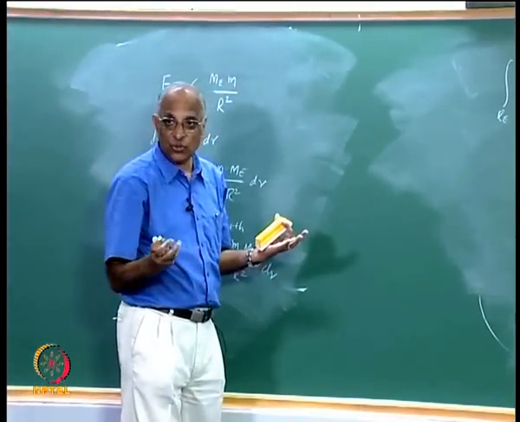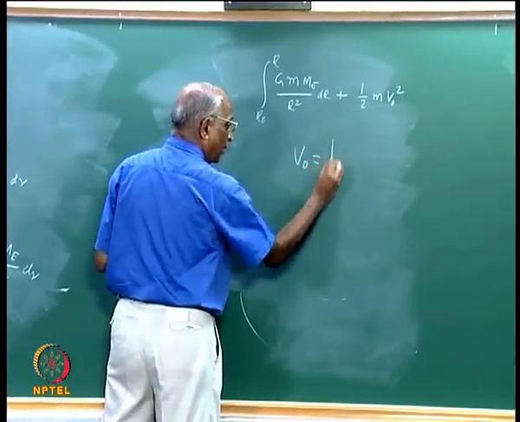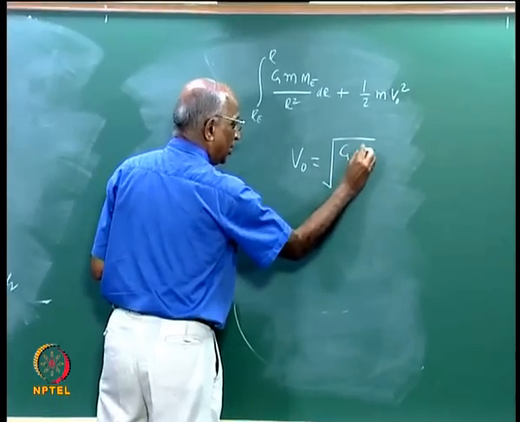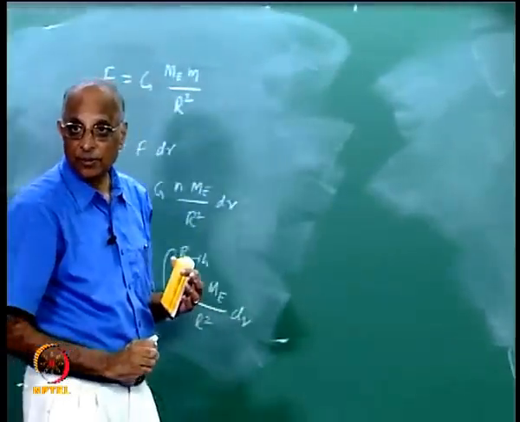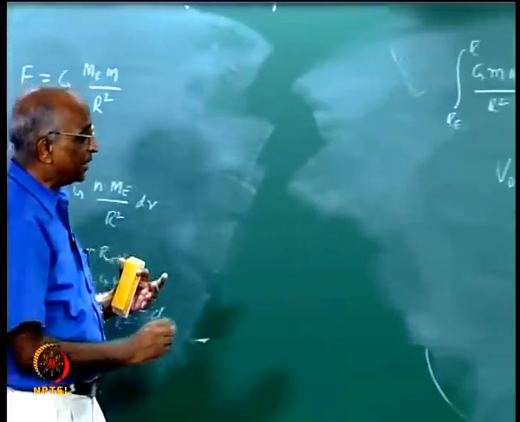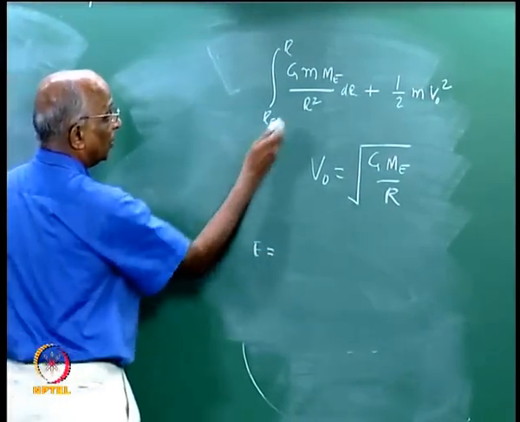And what was v0 square? We derived it as v0 equal to under root G me by r, please check it.